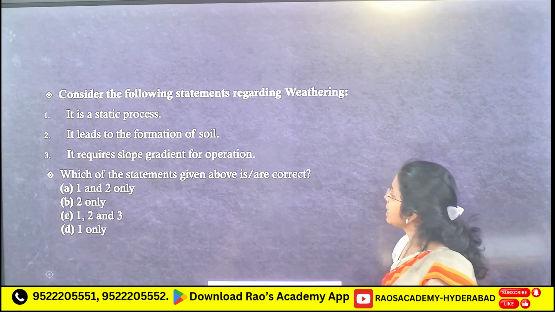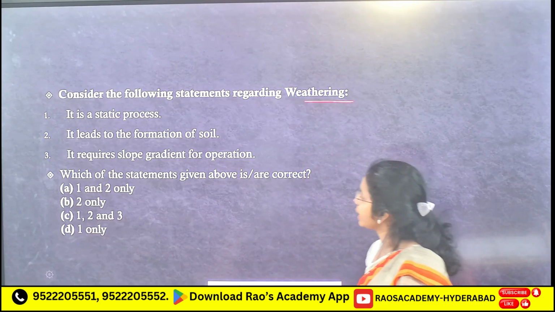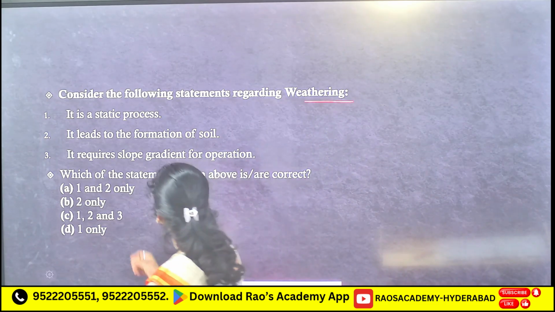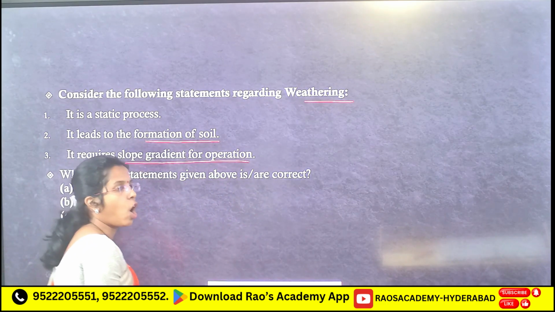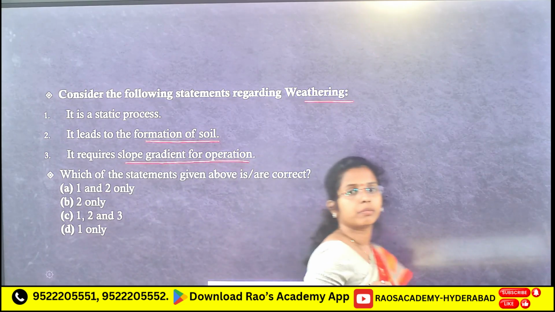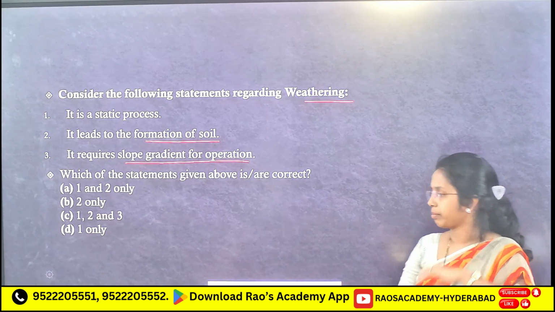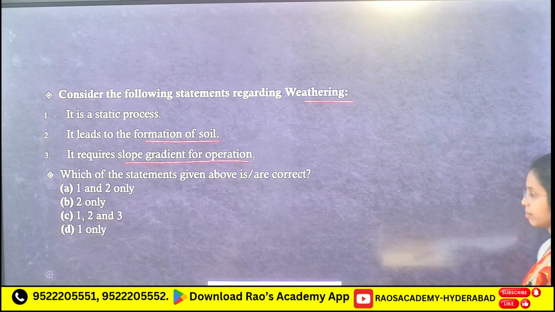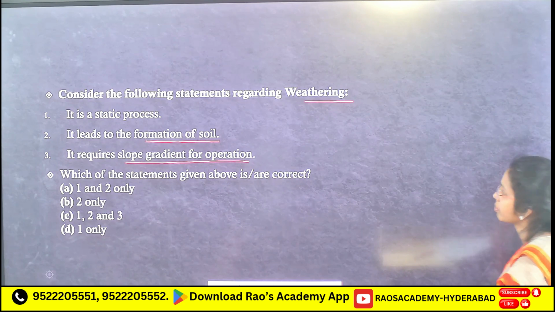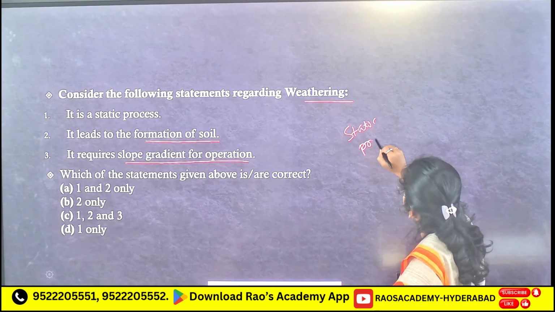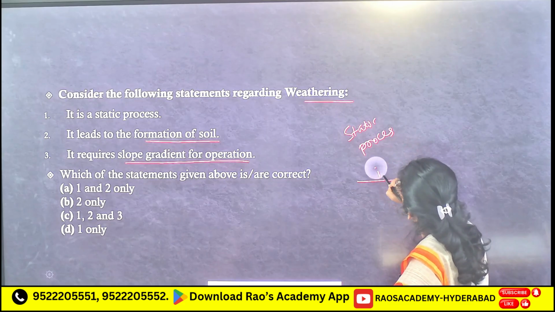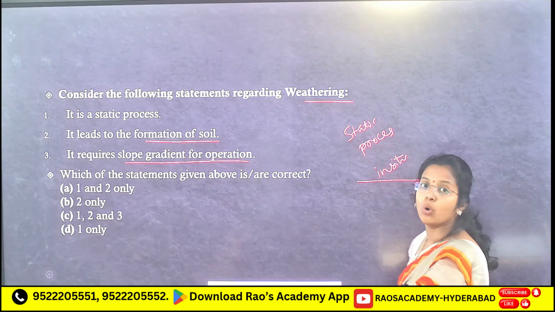Now, consider the following statements regarding weathering. One, it is a static process. Two, it leads to the formation of soil. Three, it requires slope gradient for operation. Yes, it is a static process, meaning it is an in situ process.